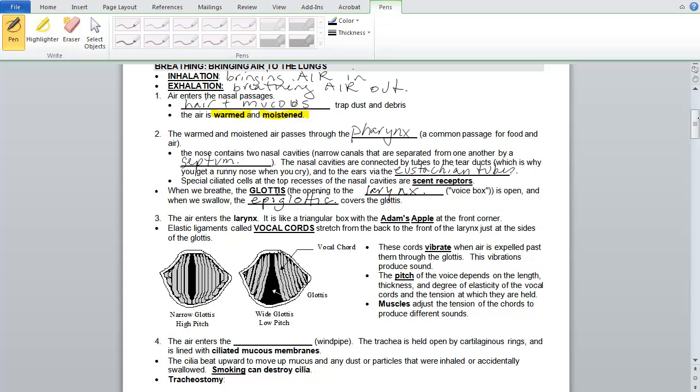In front of it is the Adam's apple that you can see on the outside of your neck. Elastic ligaments called vocal cords are stretched over the opening, and these cords vibrate when air passes over them. Depending on the thickness of your vocal cords, and men obviously have thicker vocal cords, thus giving them a deeper voice. The air then enters the trachea.